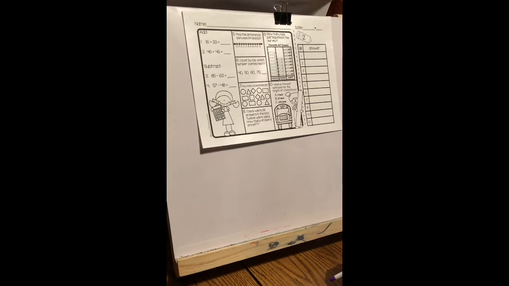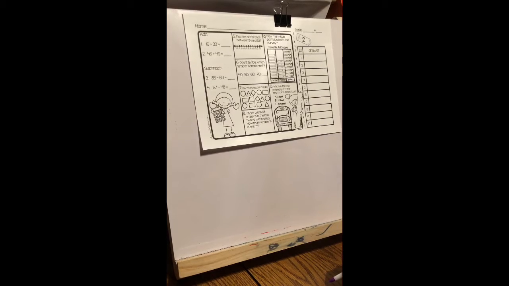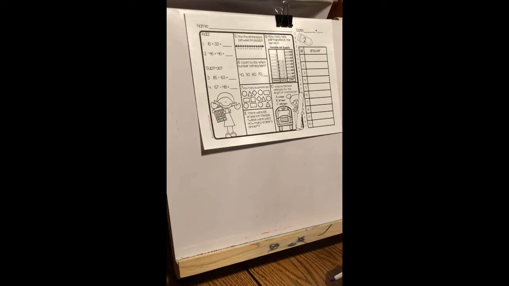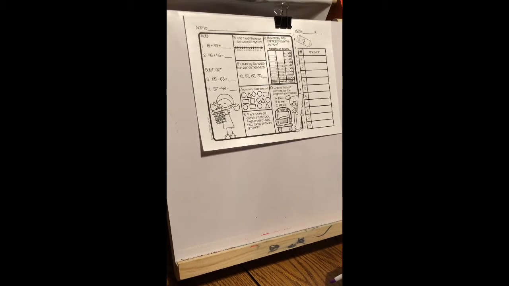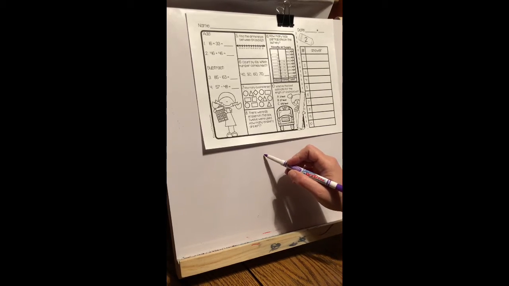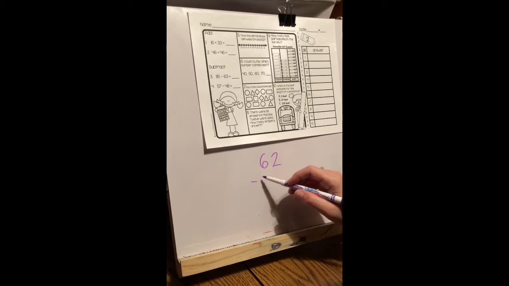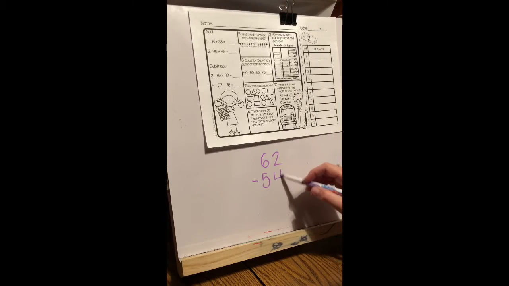So you really need to think back at that keyword difference and think about what operation that keyword gives you the clue for. And if you recall, the answer to a subtraction problem is called the difference. So we want to put our larger number on top, 62 minus 54.